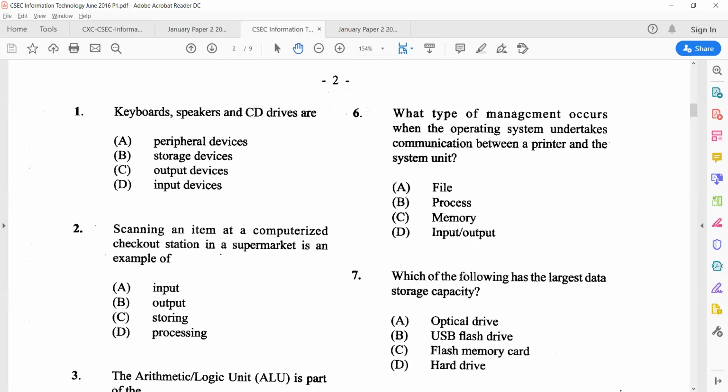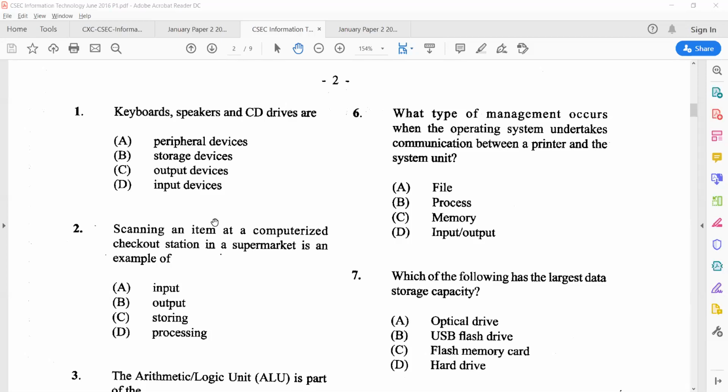All right. So keyboards, speakers, and CD drives are what? Peripheral, storage, output or input devices. Okay, I see some answers coming in there. That's correct. Now, a keyboard by itself is an input device, right?